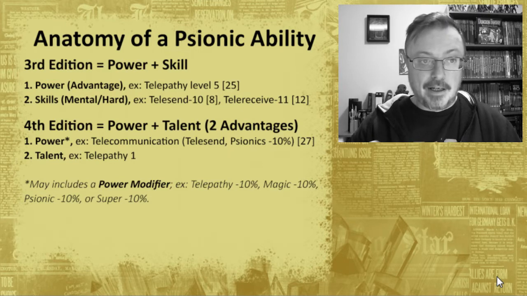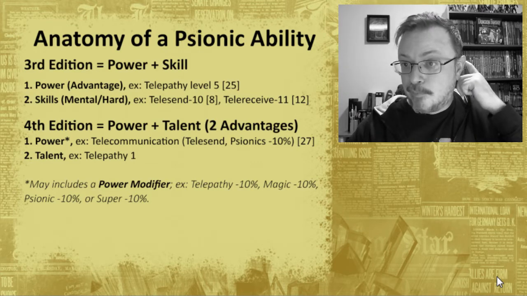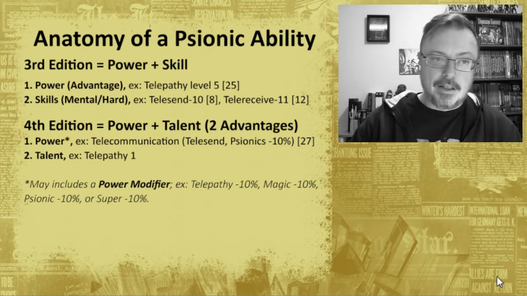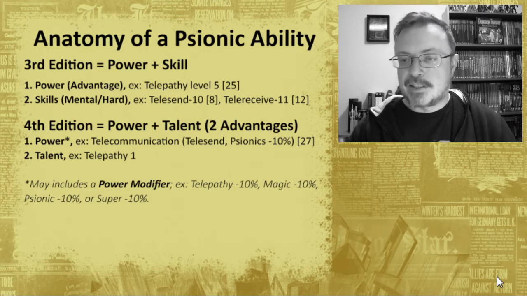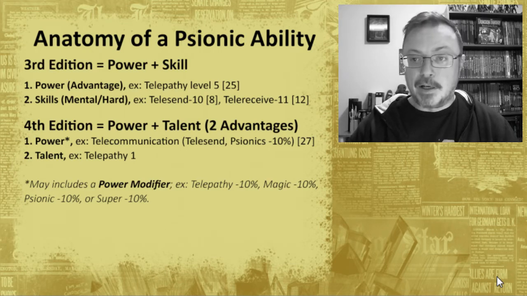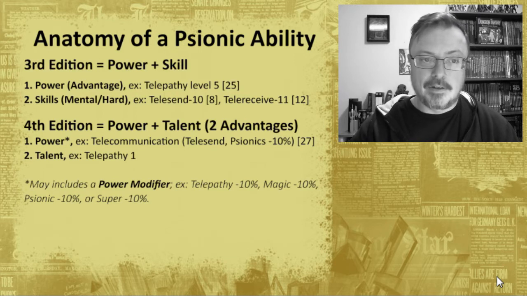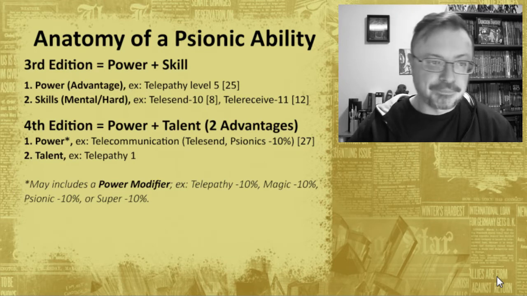So for example here, if you buy telepathy at level 5, it costs you 25 points. In the system, what you can do with telepathy or other psionic abilities is determined by your levels. In this case, telepathy level 5 will give you a certain range you can use your telepathy.